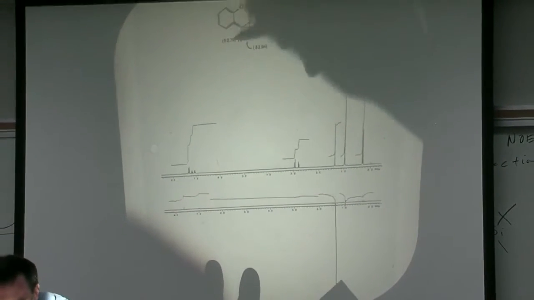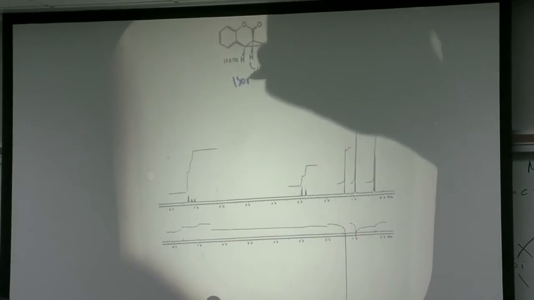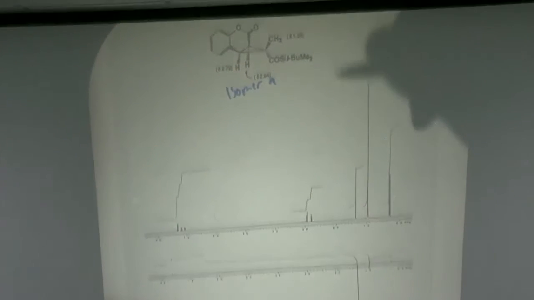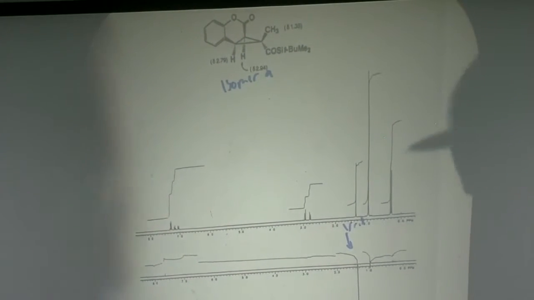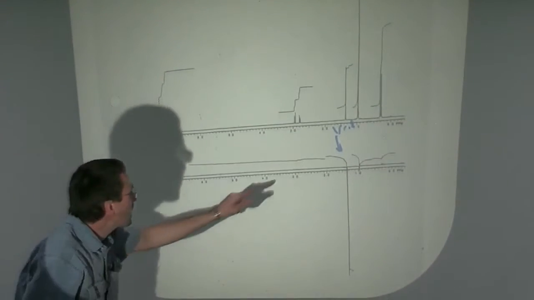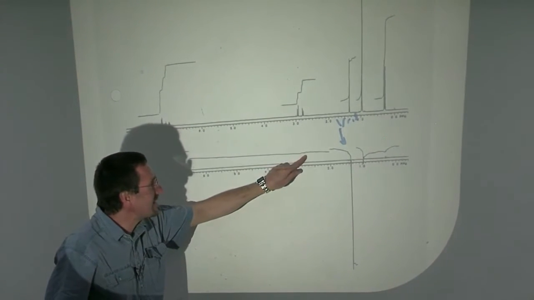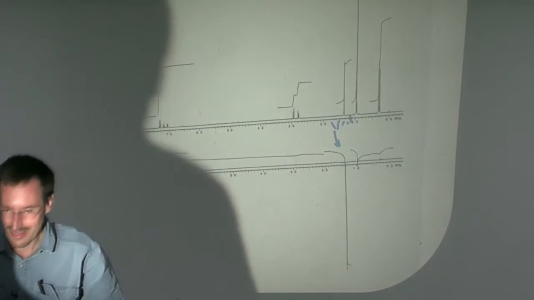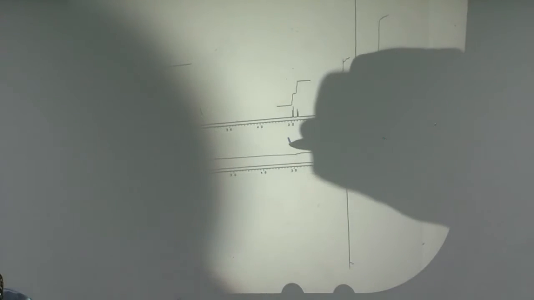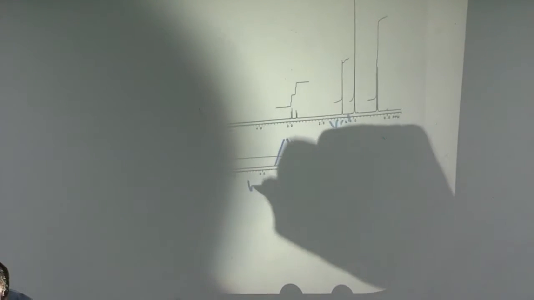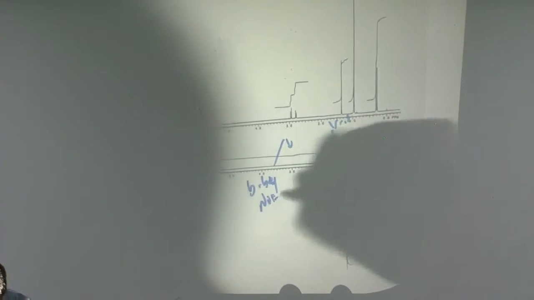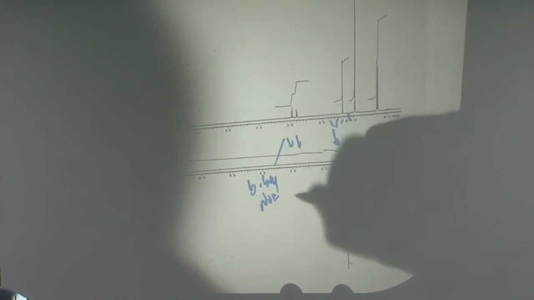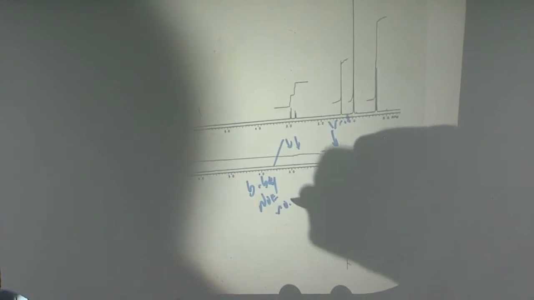So this is diastereomer A. We irradiate, and you see a teeny tiny enhancement. It's a little baby NOE. Over here and over here, it's about 0.5 millimeters each.